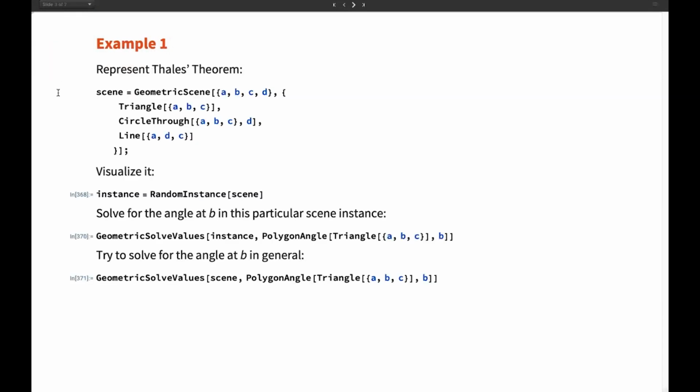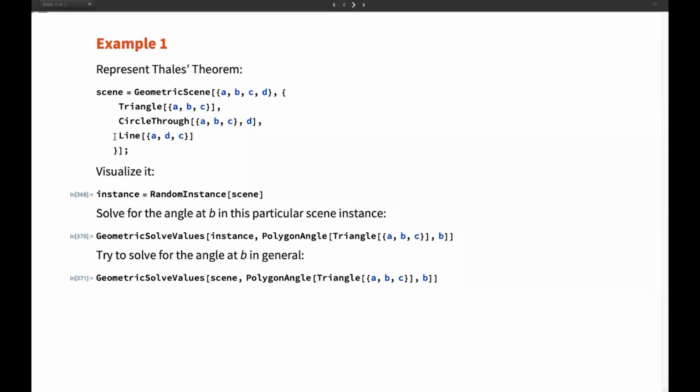As our first example, in most of these talks, I like to use Thales' theorem. We have a geometric scene with a triangle and the circle that goes through the vertices of that triangle.